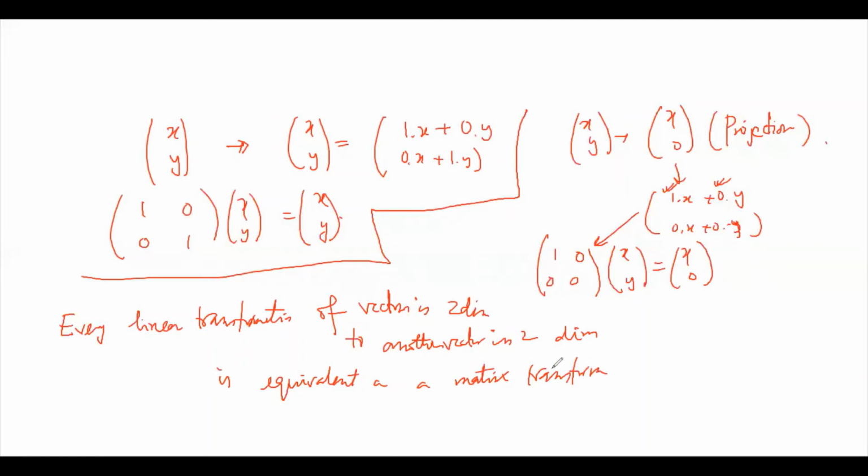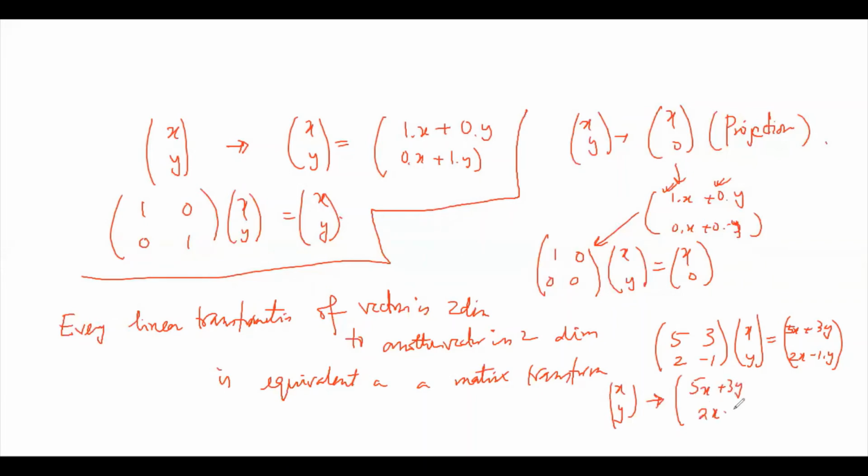So given a matrix, for example, let's say 5, 3, 2, minus 1, how does it act on x and y? What's the new transformed vector? It's simple. 5 times x plus 3 times y, 2 times x minus 1 times y. That's it. So you've got your new vector: xy becomes 5x plus 3y, 2x minus y. Perfectly good transformation.